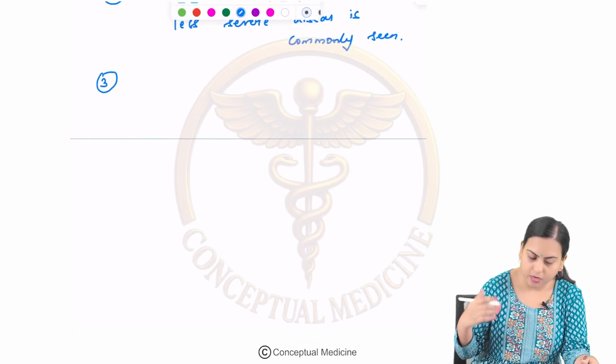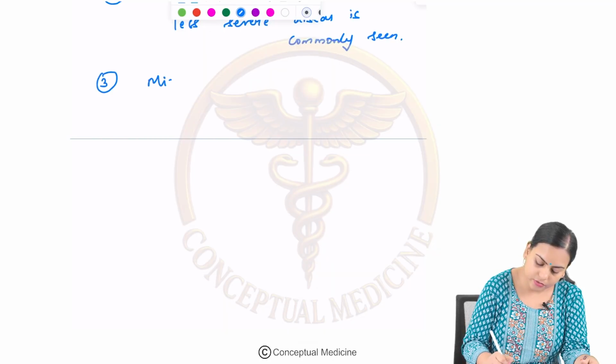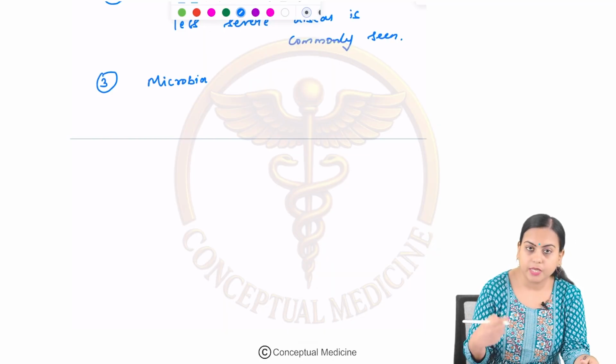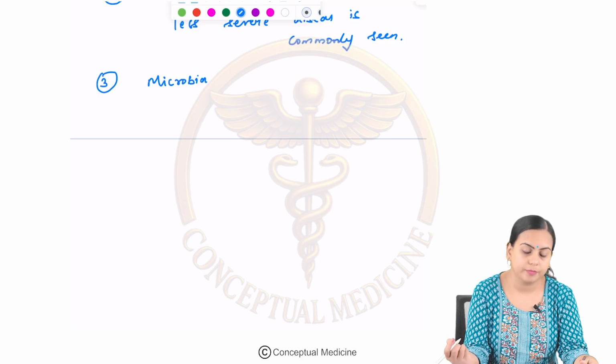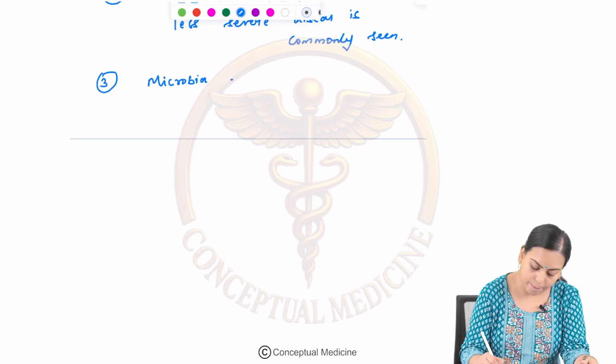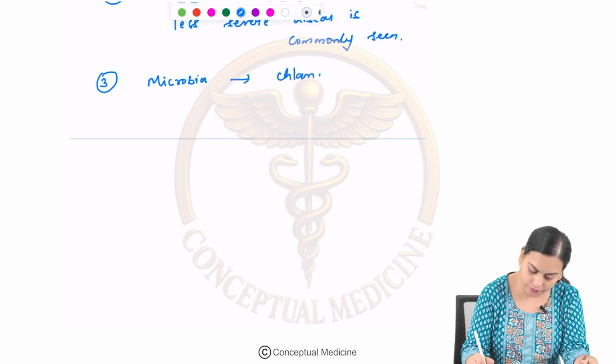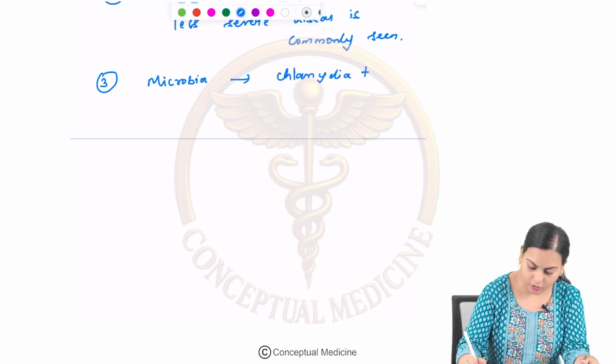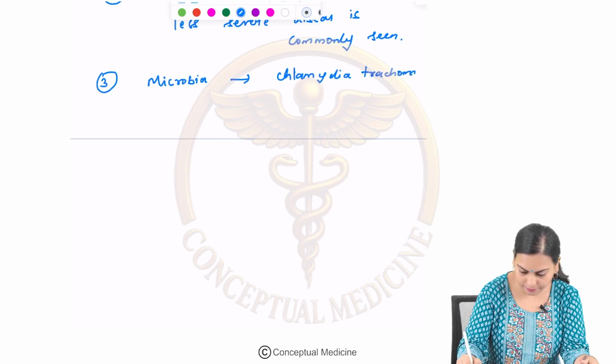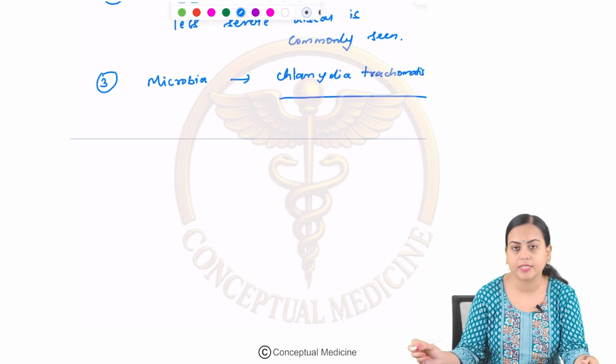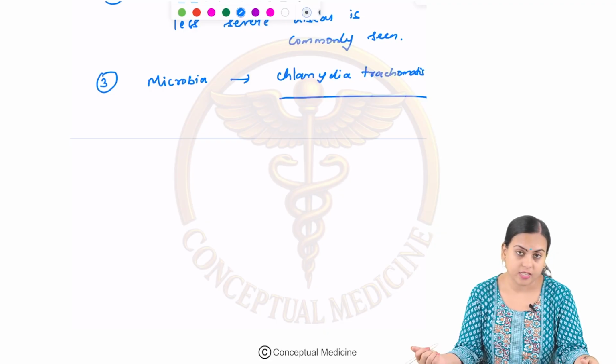Also, there is a change in the microbiology, which is the etiology of pelvic inflammatory disease. We are seeing more Chlamydia trachomatis cases nowadays than other organisms, especially than gonorrhea itself.